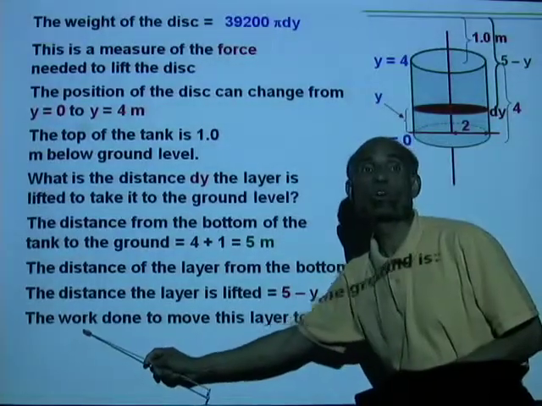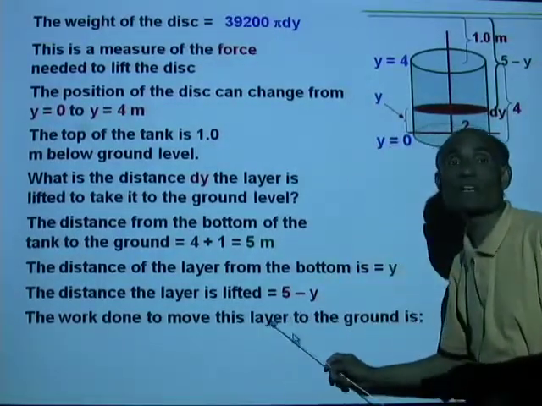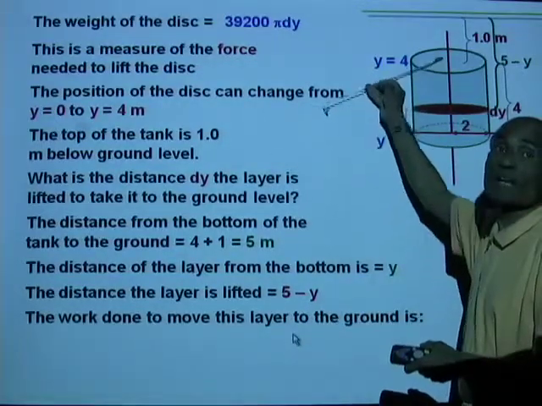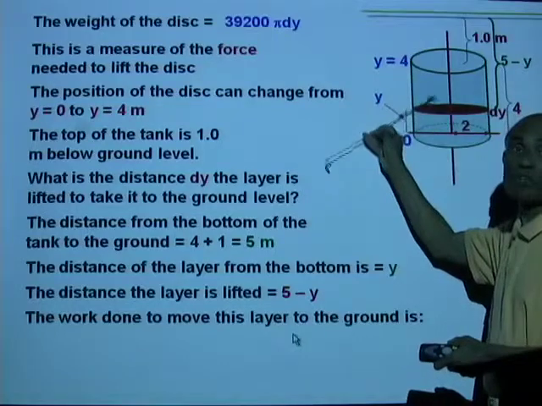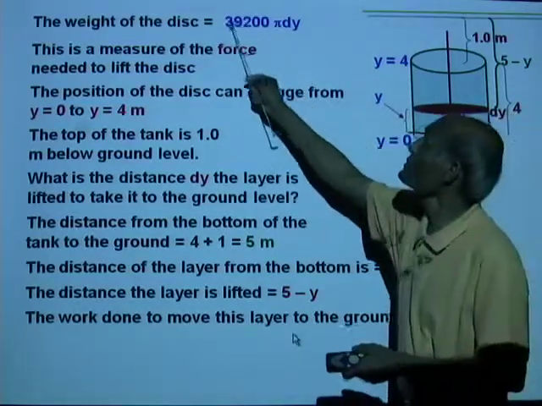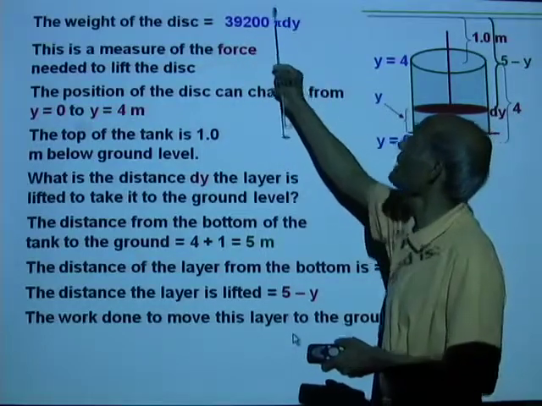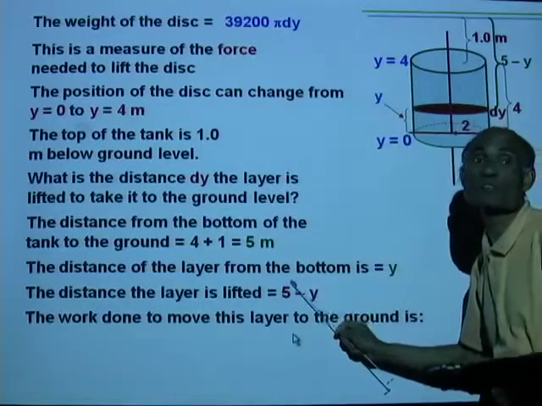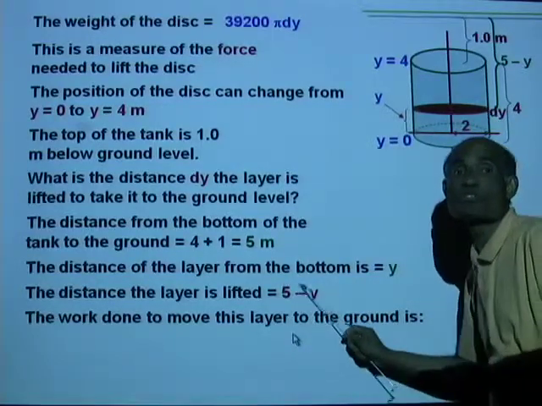Therefore, what is the work done to move this layer to the ground? What is the work done to move this layer of liquid to the ground? It will be the force that you need. What is the force? The force is 39,200 pi dy, and this force needs to move through this distance.